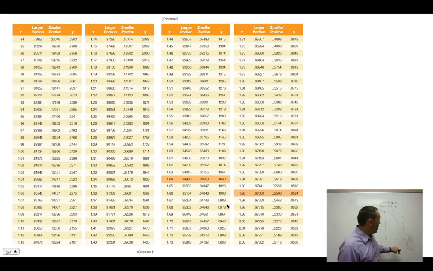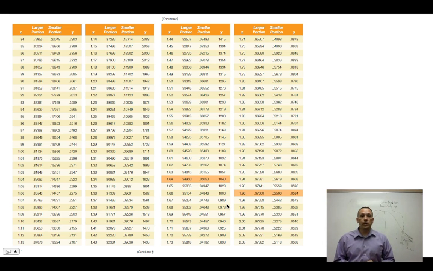So let's plot 1.96 here. So now I know that everything from this direction over, a probability of getting a 1.96 or higher, is 0.025. But that wasn't my original question, was it?